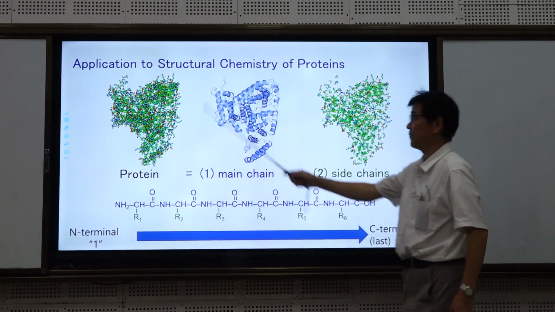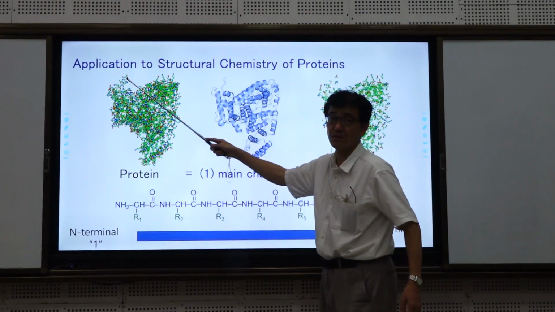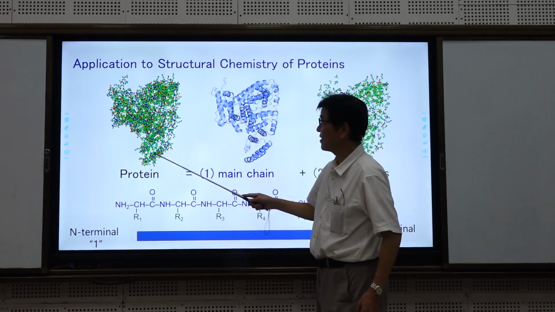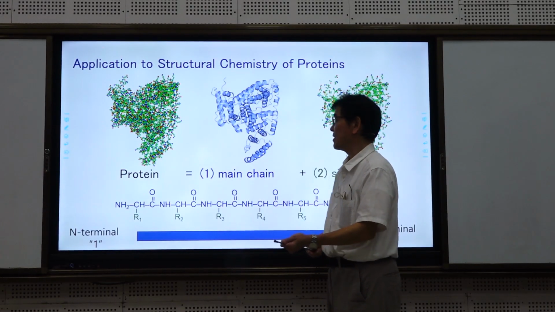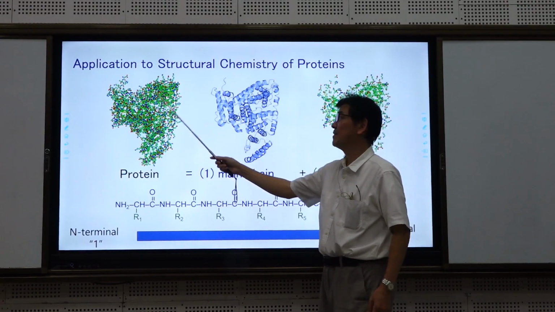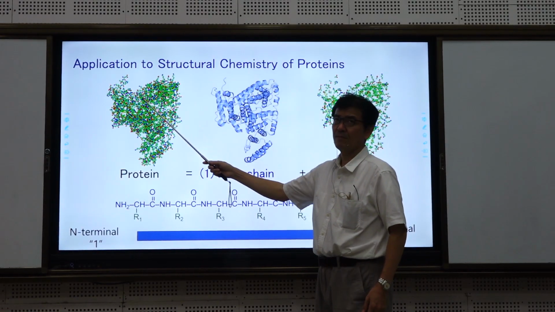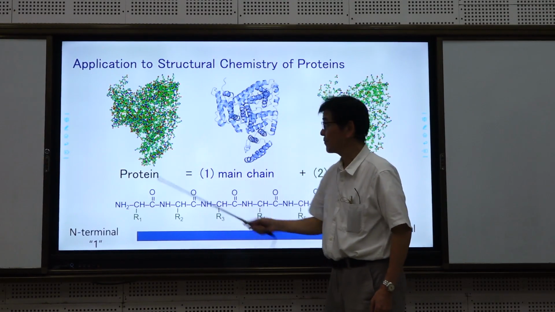As you see, this is the protein. How many atoms are there? I have no idea. Probably more than 10,000 or so.